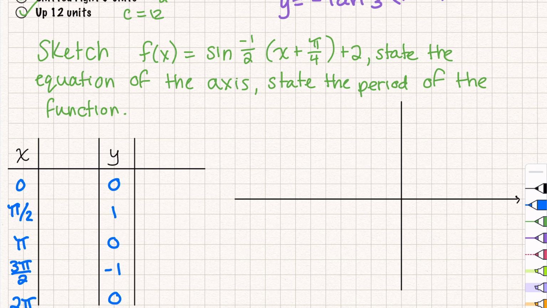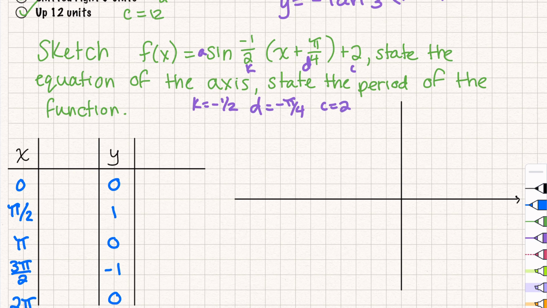Okay, now if we take a look at what we're given, for our a value, we don't have anything for a, it's just 1. Our k is negative 1 over 2. Our d value is negative pi over 4. And our c value is 2.